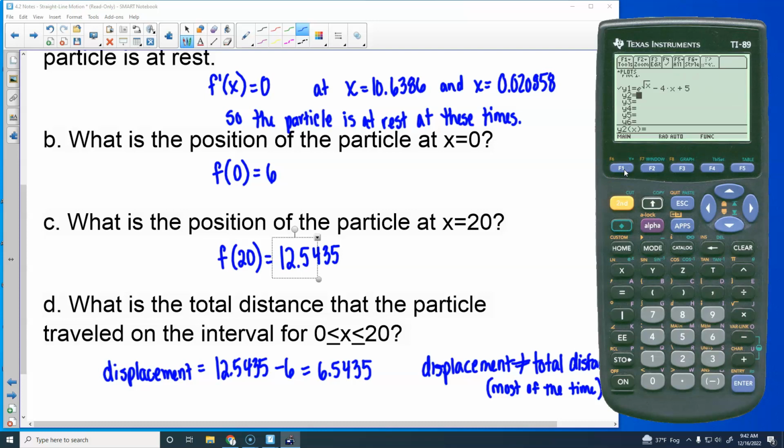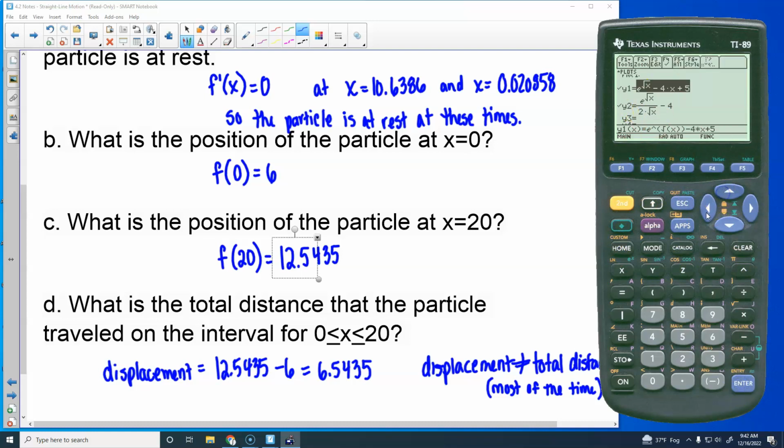Yeah, let's look at the graph of the derivative. So in y2, I'm going to put, it doesn't work. Let me go back. I'm going to go up here, take this derivative, copy it, and paste it here. So y2 is my derivative.